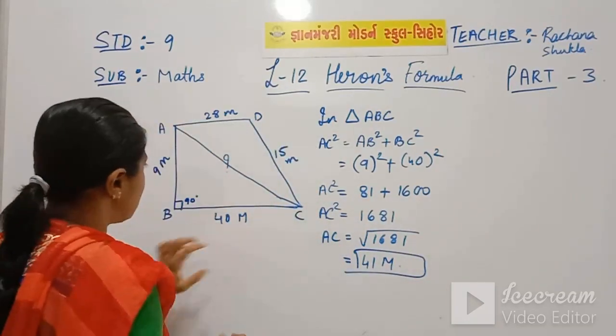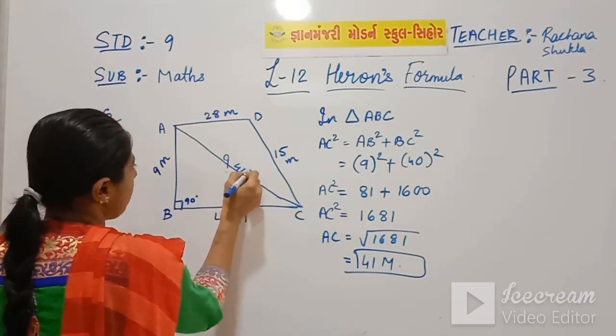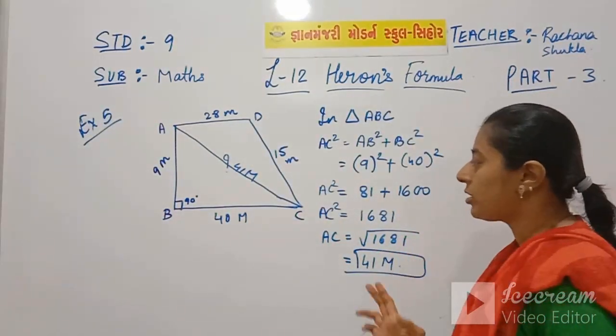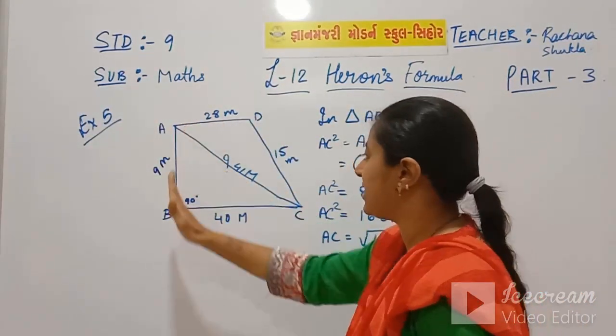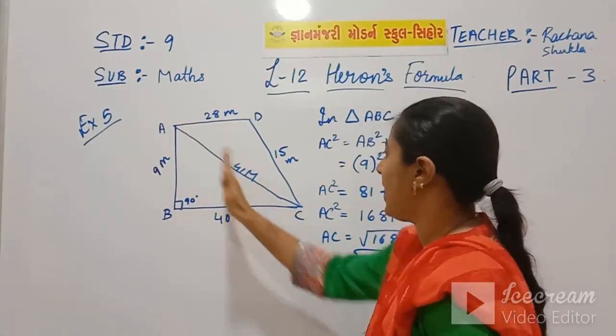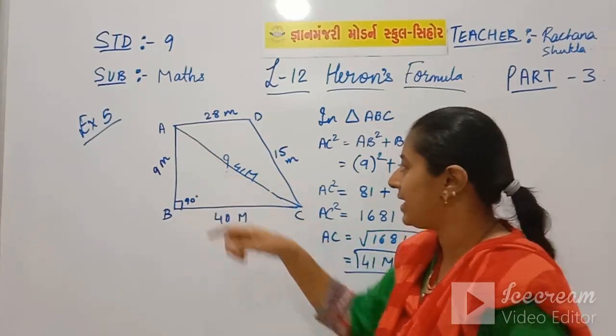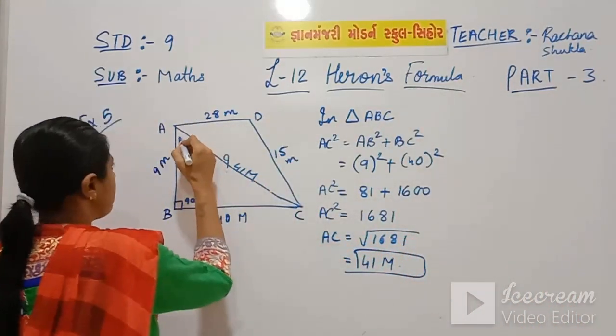So what is AC? We got AC as 41 meter. Now you have got the measurements of all three sides, AB, BC and AC. So it will be easy for you to find the area of ABC.